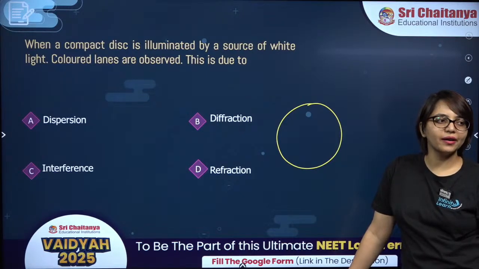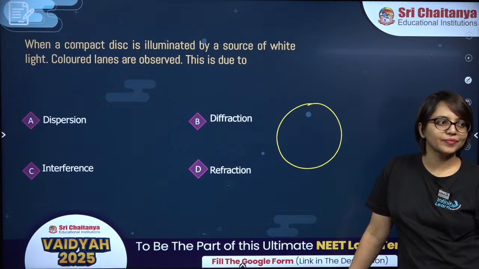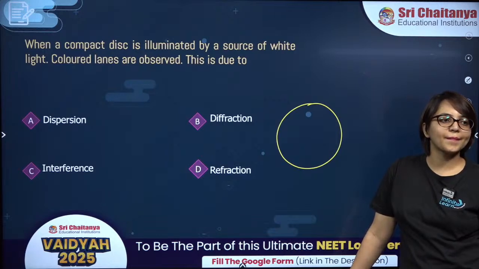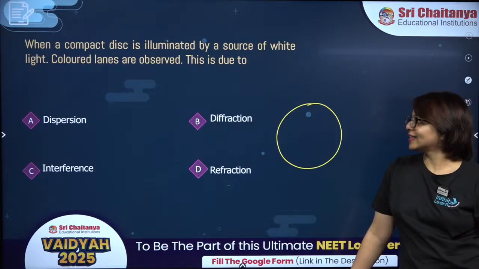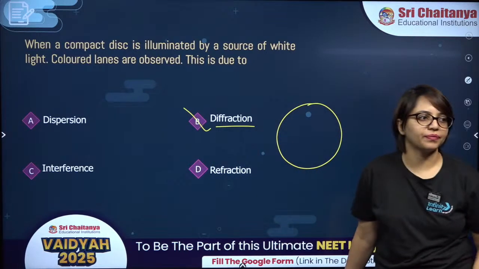Well done, well done, Vinutna. Well done, Shyam Sundar. Well done, Madhukar. Well done, Ravalika. Well done, Ashley. Yes, it is due to diffraction over here. So the correct answer is option B. All right.